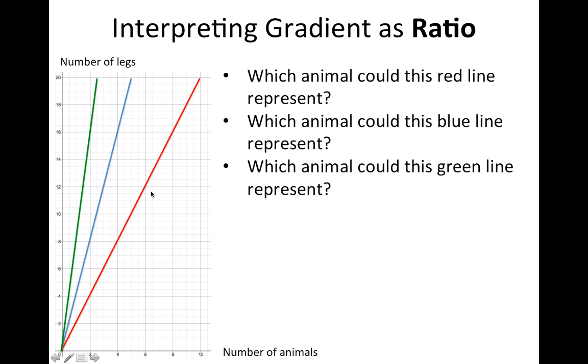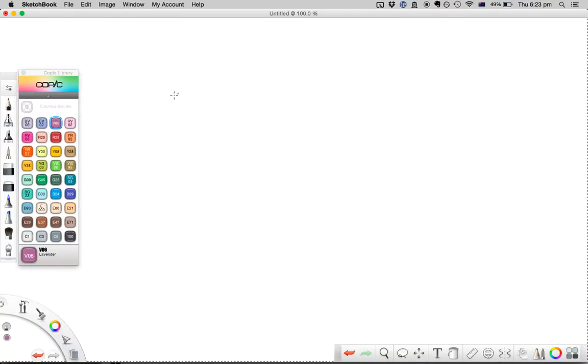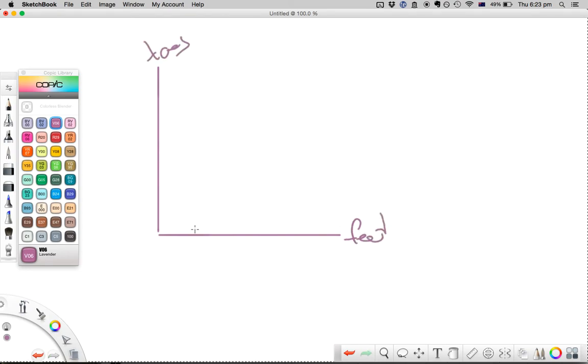And we could have other things as well. Maybe we could have something along the lines of feet and toes. If we had 1 foot, how many toes would we have? 1, 2, 3, 4, 5. If we had 2 feet, how many toes would we have? 5, 6, 7, 8, 9, 10. If we had 3 feet, we'd have 15, and we'd end up making a straight line.